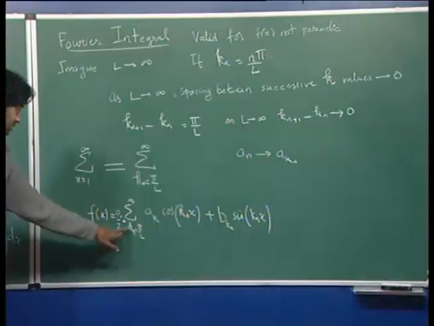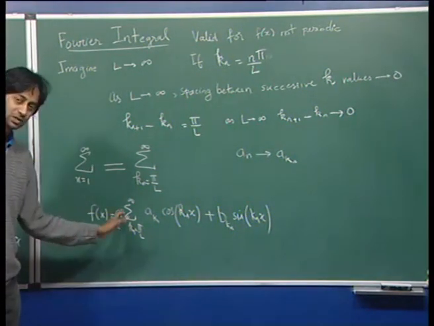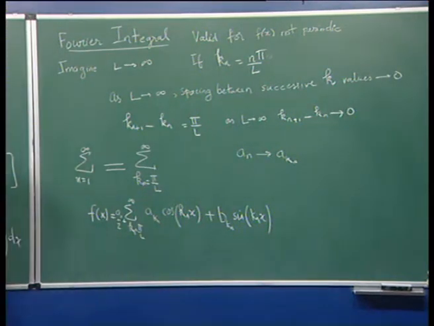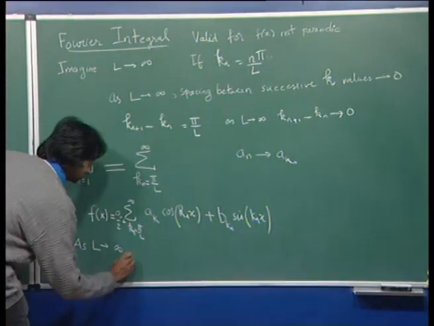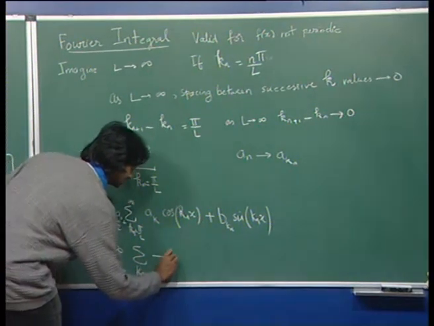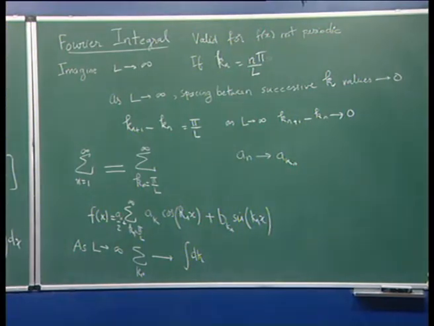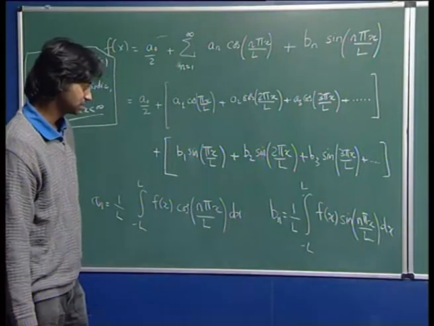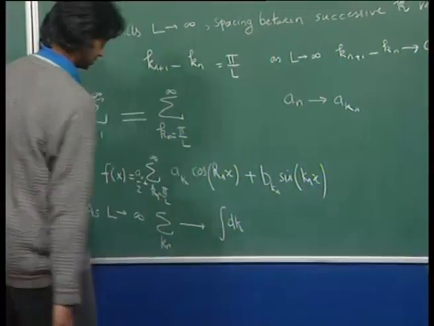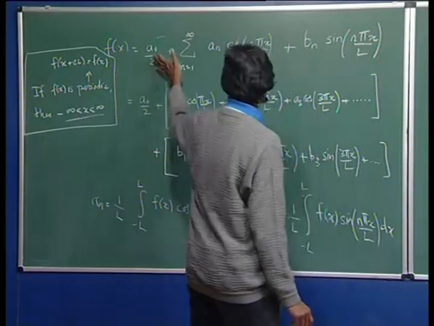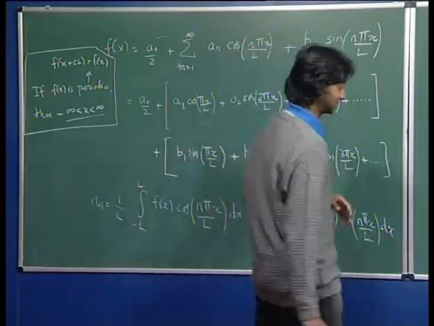Now if you imagine that L tends to infinity, then because the successive values of k are very closely spaced, this sum becomes an integral. As L tends to infinity, the sum over k n tends to an integral over dk, with some appropriate normalization factors. Ignoring the complex term for now, it will look like some integral.